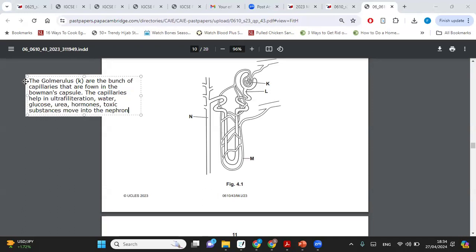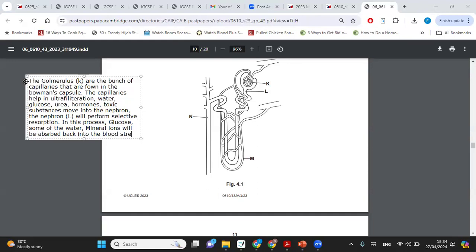And as they move into the nephron, what is going to happen? The nephron, that's your L, will perform selective reabsorption. In this process, glucose, some of the water, and your mineral ions will be absorbed back into the bloodstream.